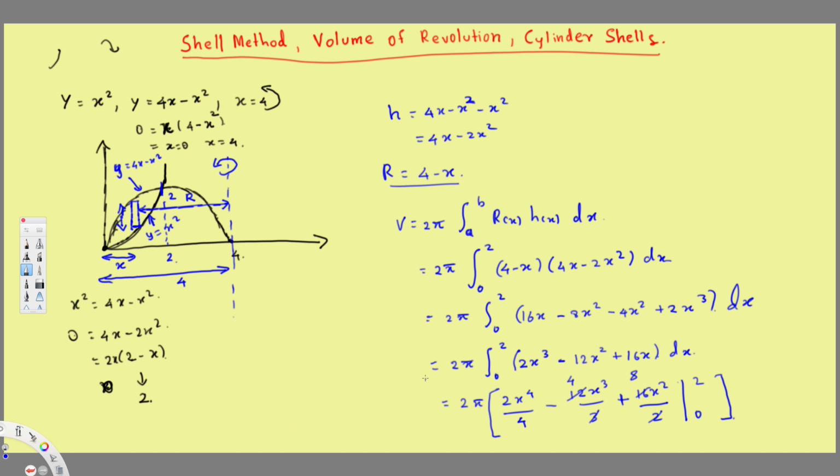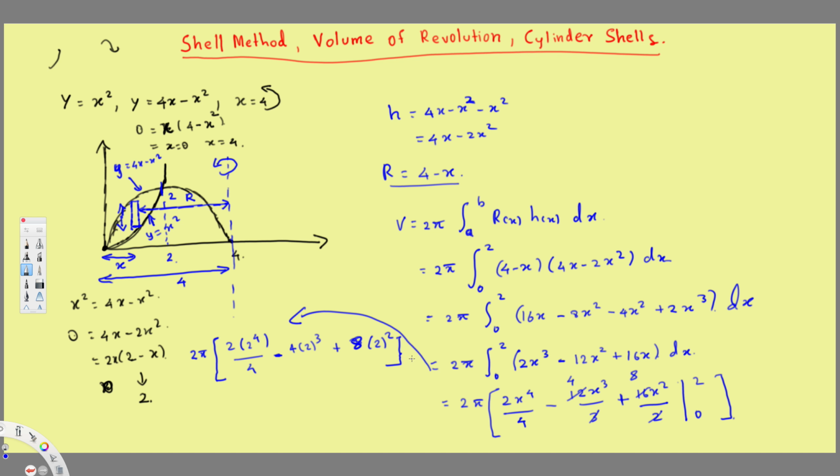Okay, so we have 2 pi, and if I substitute 2 for these values, the first one is going to be 2 times 2 to the power 4 divided by 4, minus 4 times 2 to the power 3, and the next one plus 8 times 2 squared.